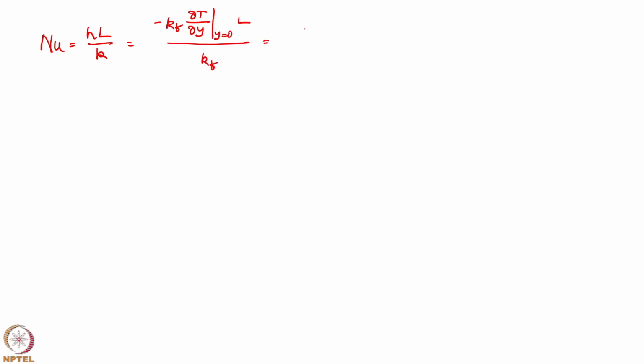So, that is of the order of kf into delta T divided by the thermal boundary layer thickness, that is the scale of delta T, into L divided by kf. Kf gets cancelled out. Sorry, I have made a mistake here.